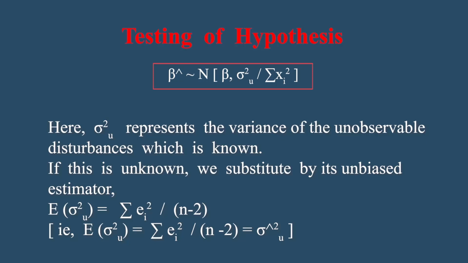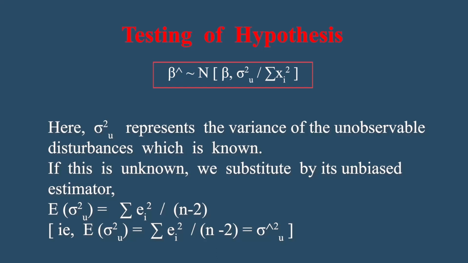But in real life, we will see that this is basically unknown. So if it is unknown, we have to estimate it from the sample. From the sample, we go for summation of ei square by n minus 2. This ei is basically the error of the sample, with summation of ei square in the numerator divided by n minus 2, which means n minus 2 degrees of freedom.